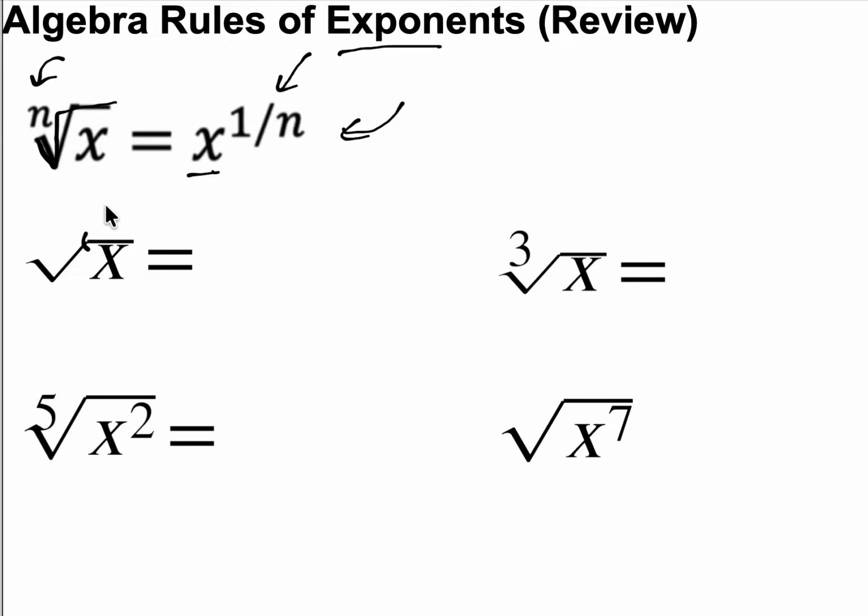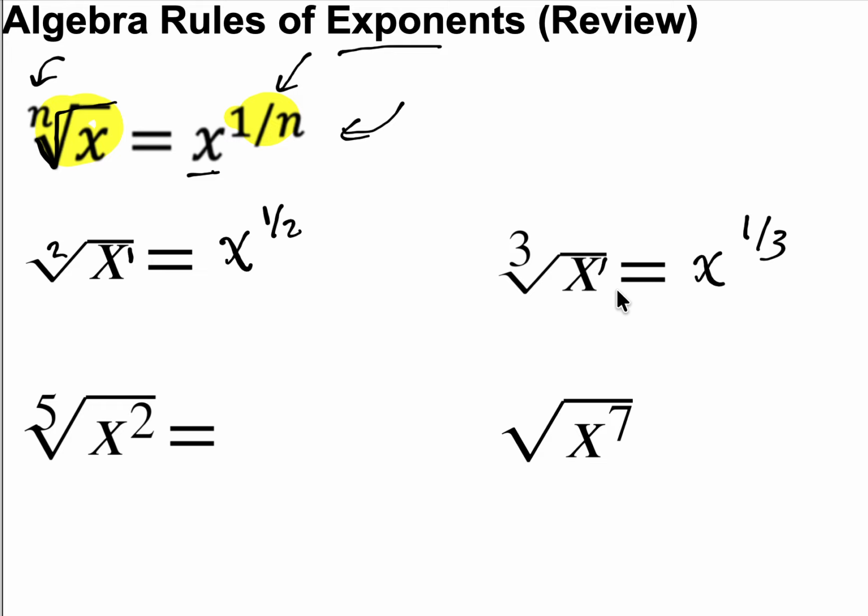So I can write anything that's in radical form as a power function with a fractional exponent. So this first one is, whenever I don't see anything in that root index, it's a square root. And whenever I don't see a power underneath, it's to the first power. So I could write this as x to the 1/2. Here, this is x to the 1/3.